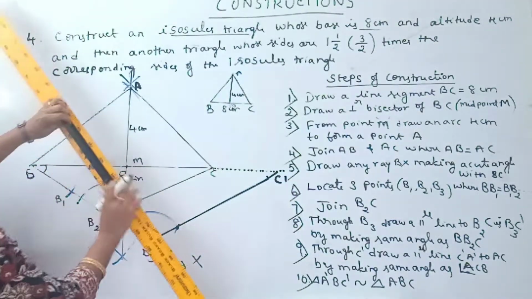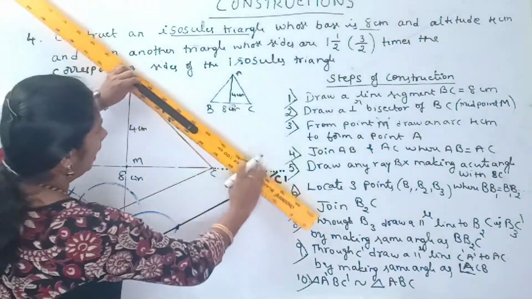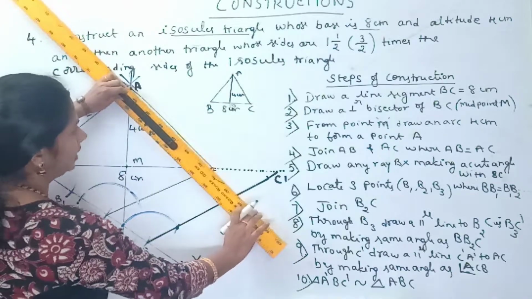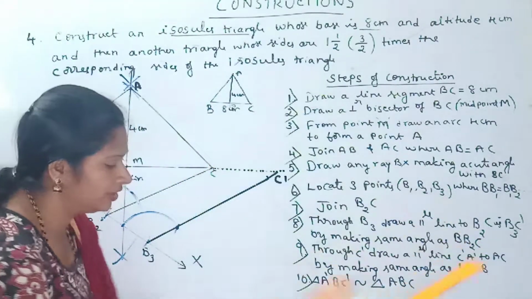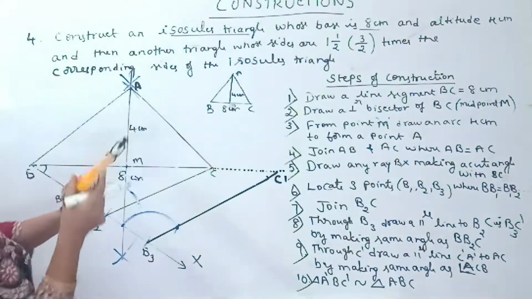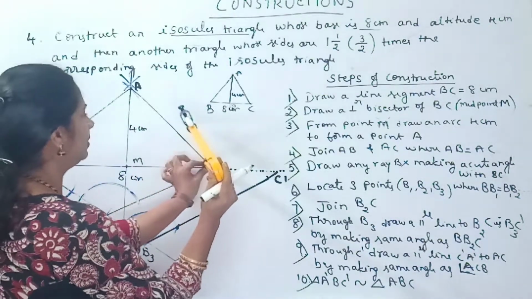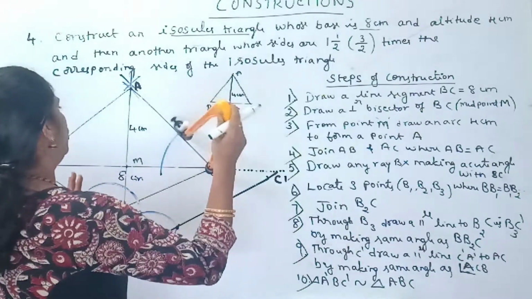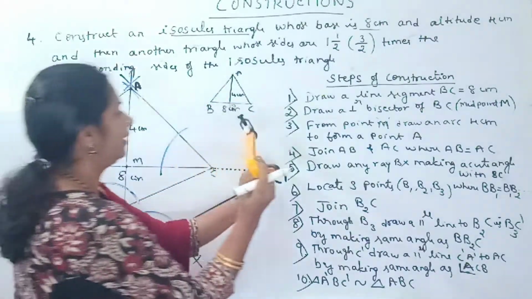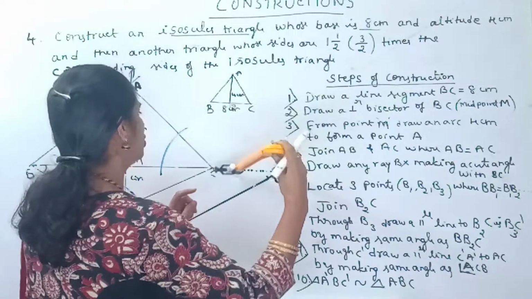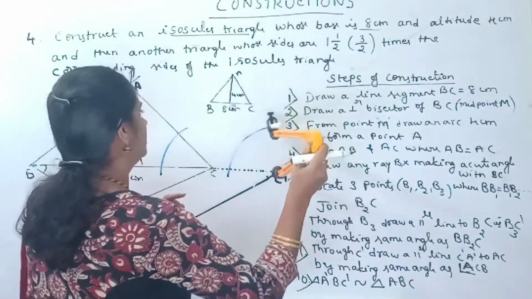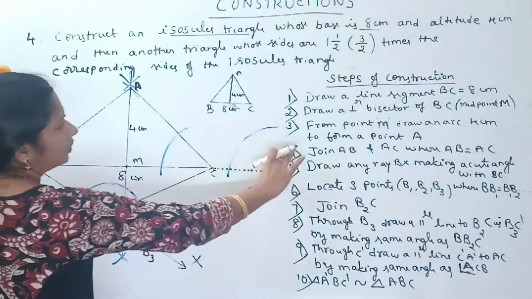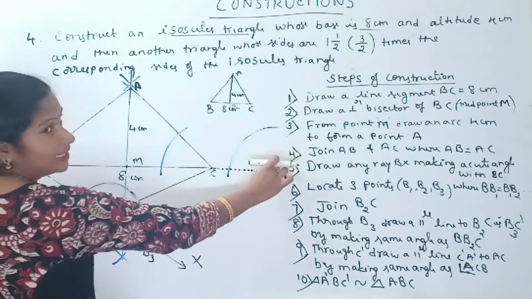Now we have to draw a line at C dash which is parallel to AC. Again same procedure. Take your compass, keep your compass on C, draw one arc like this. Again keep your compass on C dash, draw another arc like this. Now you have to measure this angle, same angle you have to construct here at C dash.